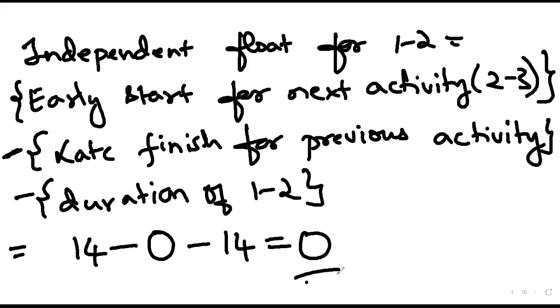Answer should be 0, right. That means assuming that the next activity will start as soon as possible, and the previous activity finishes as late as possible, the total delay available for this activity is 0. This is the solution for the first problem.